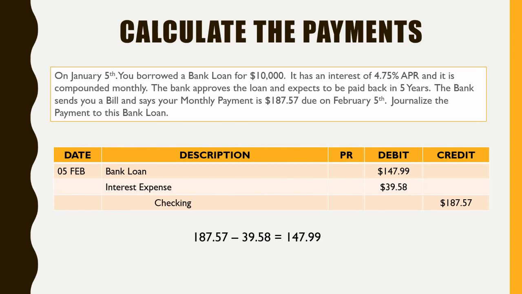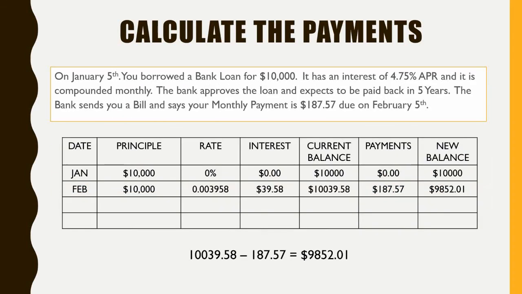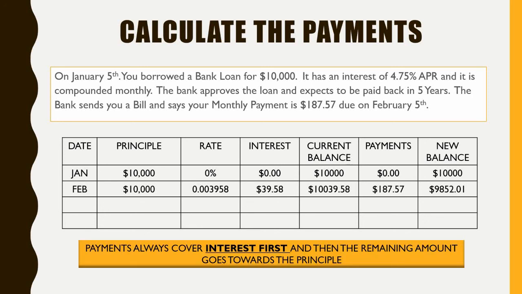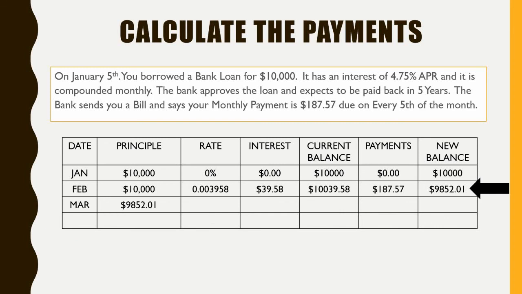Okay, so that's what happens here. But then let's take a look. Even though I made a payment to my interest, how much I'm going to be owing on my loan is now $9,852.01. But little did you know, if you don't pay your interest, you're going to get interest on it twice as much, because it carries over here.